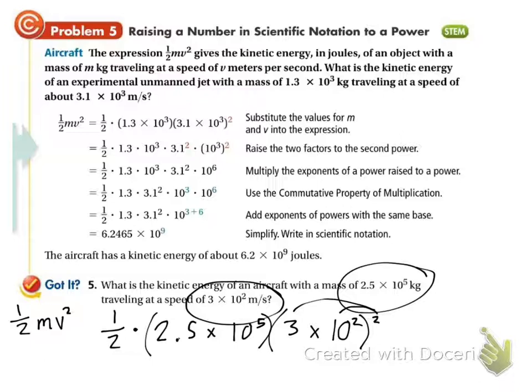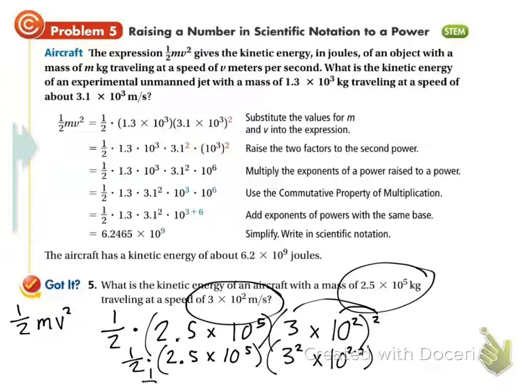So we're going to rein in these numbers down first. Okay, so we'll still have the 1/2 out front, the 2.5 times 10 to the 5th. So I'm going to rein this in. 3 squared times 10 to the 2 times 2.